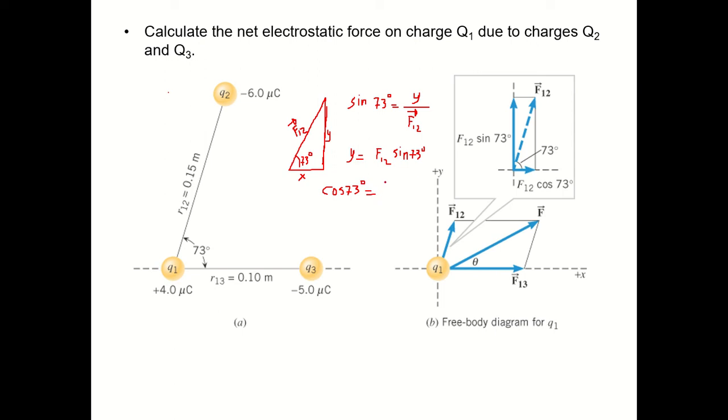Our adjacent is x over hypotenuse, which is still F12. Okay, so cross multiplying, you get x equal to F12 from 1 to 2.